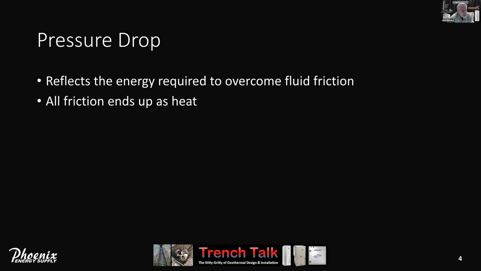Now, in a cooling dominated application, that not only means you're putting pump energy into the system, that pump energy is raising your fluid temperature to some degree. And the degree is a function of how efficient your system is, the size of the pump and the amount of head that it has to overcome.